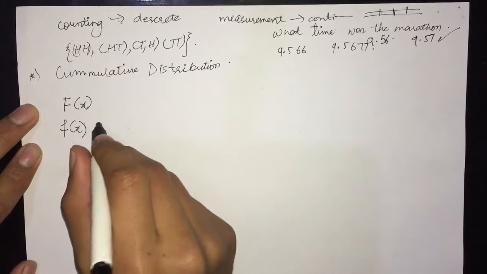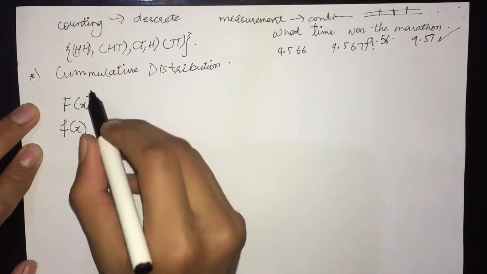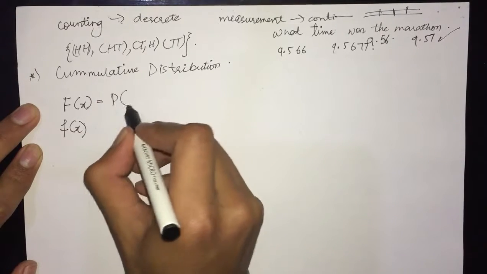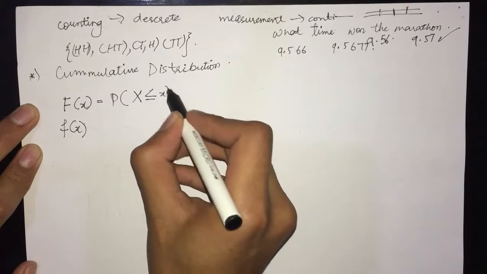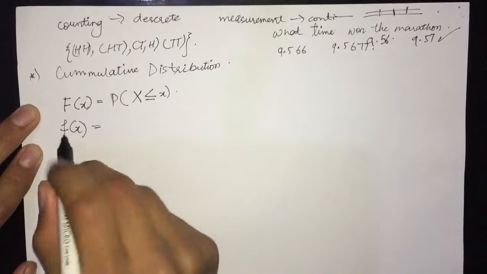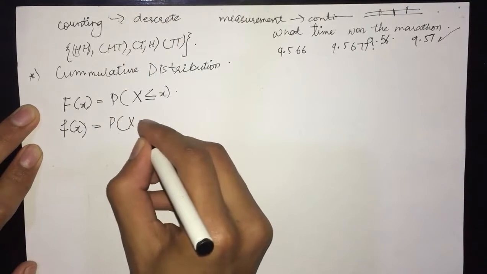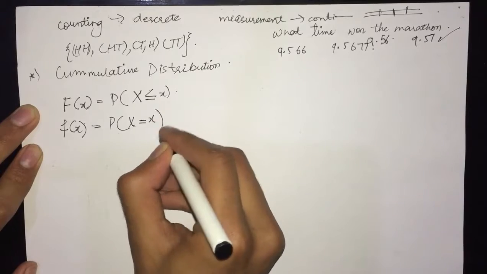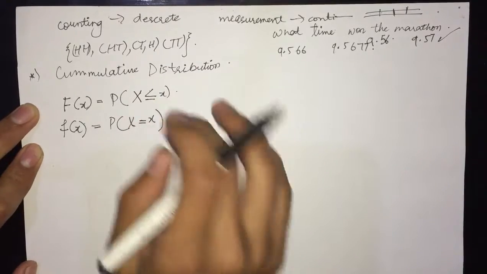So what is the cumulative distribution function? It is written as P of X being less than or equal to x. And as I said earlier, the probability mass function is P of X equals x, where X assumes the value x, whereas here X is less than or equal to x.